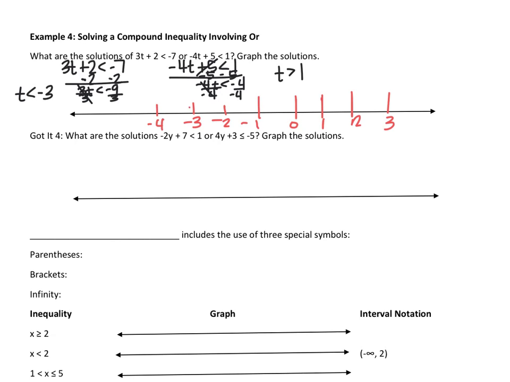We're going to put an open circle on negative 3 and shade to the left. Then we're going to put an open circle on 1 and shade to the right.